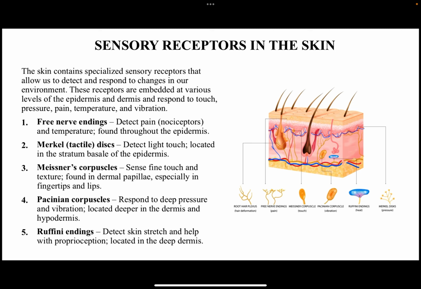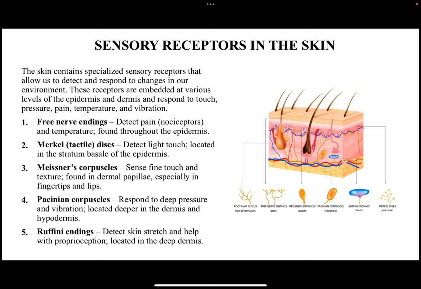But most books will tell you they are located in the dermal papilla, or the papillary layer of the dermis. They are responsible for fine touch and texture. You mostly find them very active within the fingers, the toes, and the lips.